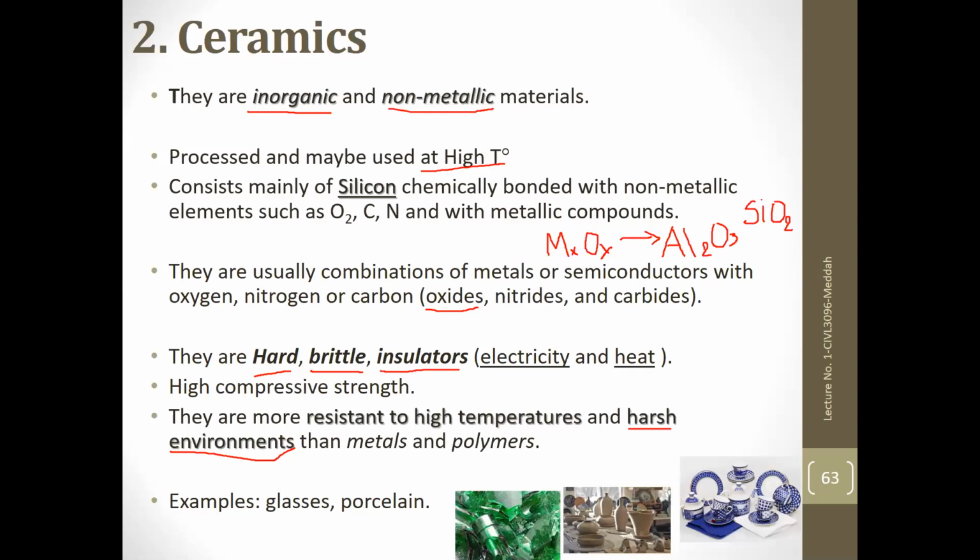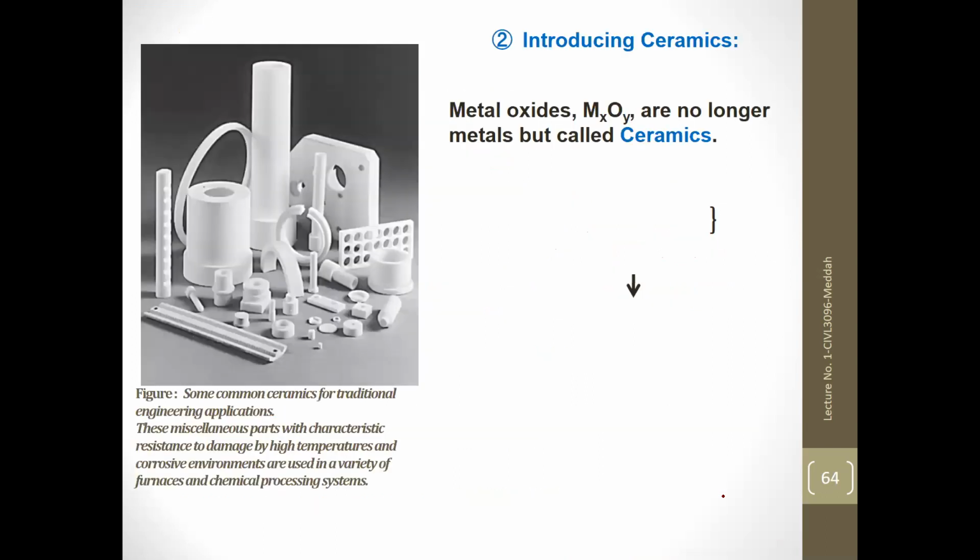In your home you will find many items, such as dishes, that you use on a daily basis and that are ceramic materials, whether you know it or not. But from now on, you know these materials are called ceramic materials.